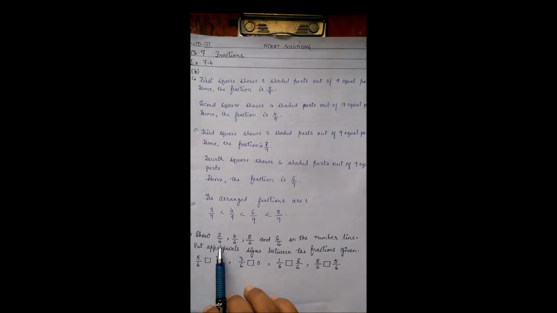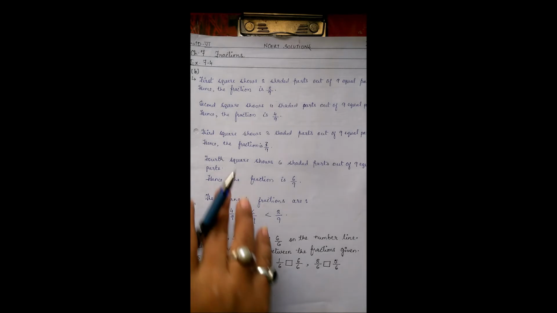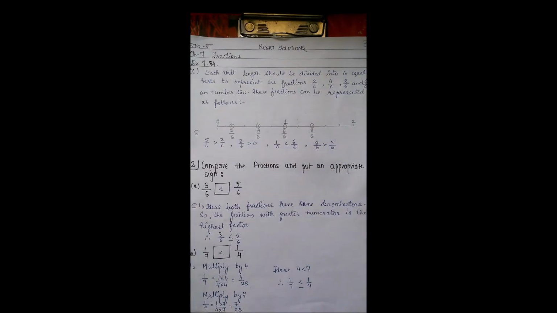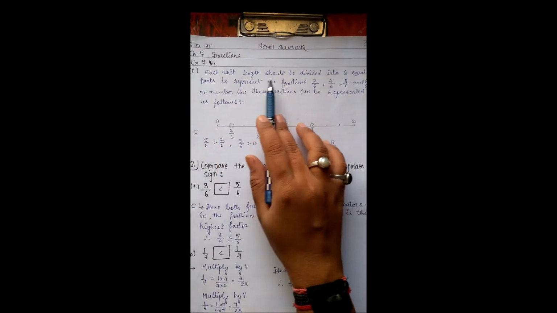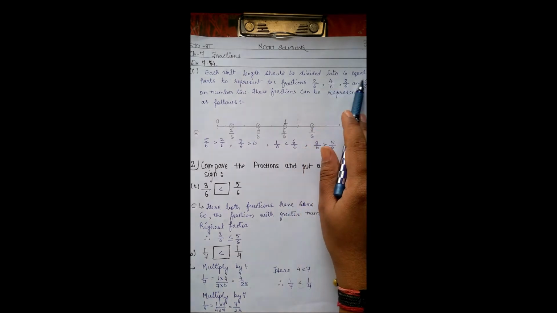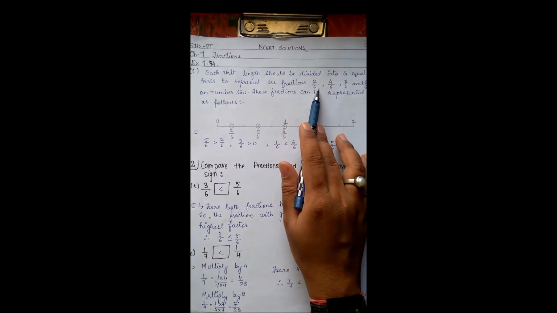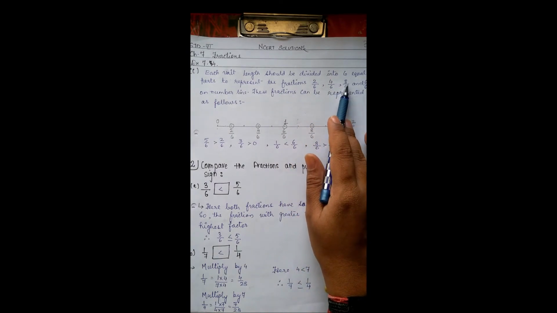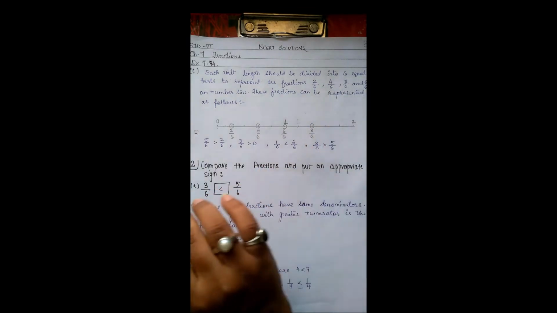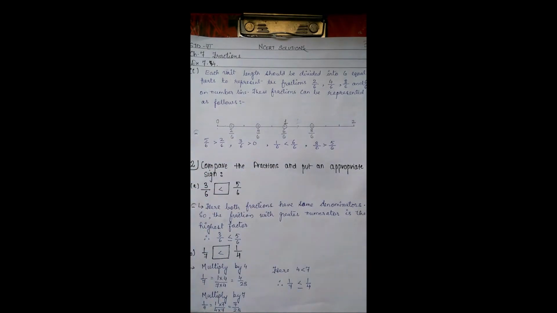Next, show 2 by 6, 4 by 6, 8 by 6 and 6 by 6 on the number line. Put appropriate signs between the fractions given. Okay, 5 by 6, we have to use a sign between these. So each unit length should be divided into 6 equal parts to represent the fractions 2 by 6, 4 by 6, 8 by 6 and 6 by 6 on a number line.